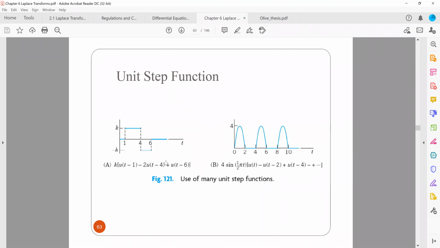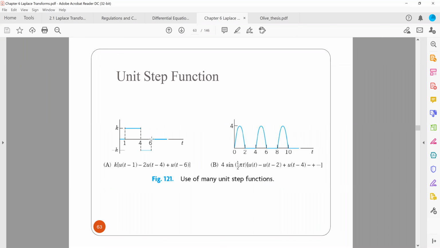Remember we have this k multiplying the whole thing, so it's going to be k minus 2k, so you end up with minus k. And then that goes on up to u(t - 6). u(t - 6) doesn't have any 2 here, it only has 1, so its effect is going to be to move from minus k to plus k, so it will go back to 0, and then it will continue on as 0.